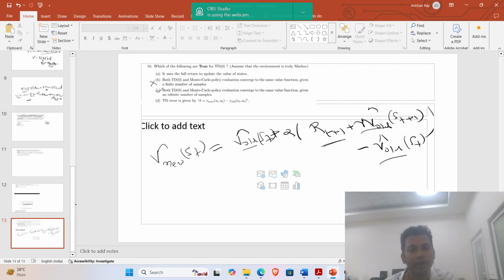The error is given by this. This is wrong, the error in this full part, and it uses full return to update the value of the states. That's not correct. So C is the only correct option.